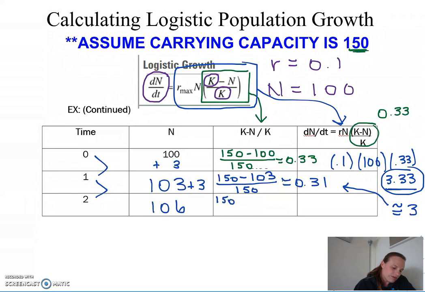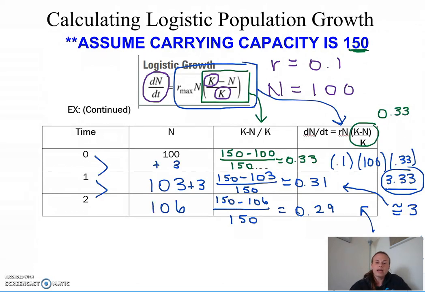Then it would be 150 minus 106 over 150, and it comes out to 0.29. And then when I plug and chug into this section of the equation again, I still get a number that rounds to 3.